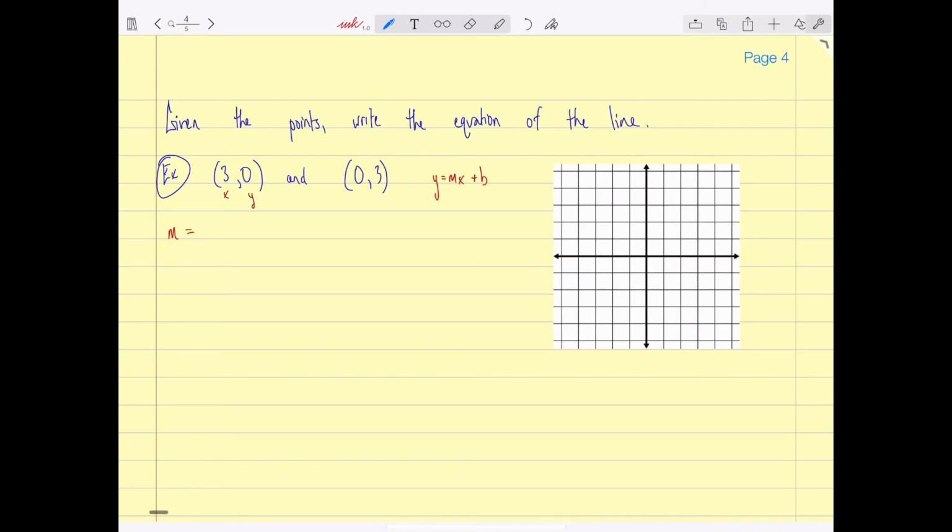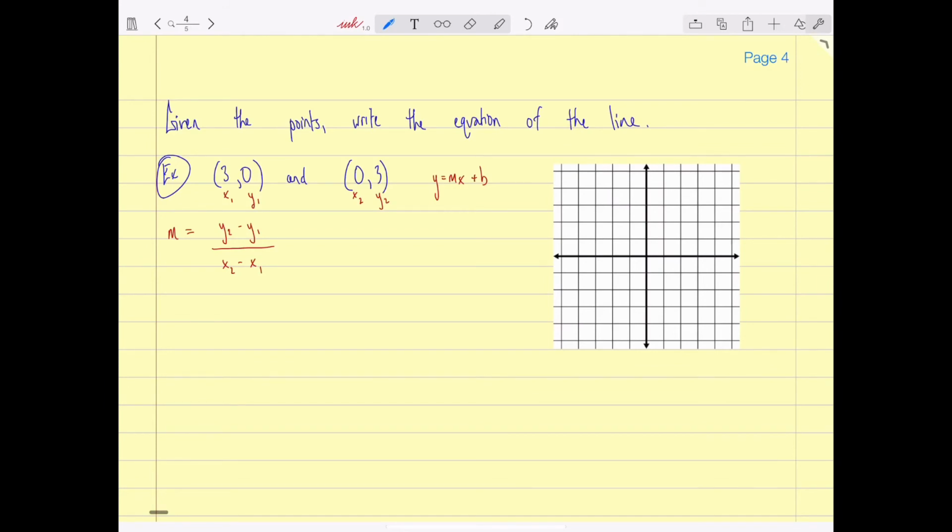And to differentiate those from 0, 3, I'm going to say this is x sub 1 and y sub 1, and I'll do that same thing here, except I'm going to use a 2. And all that is saying is they're different. So these two y's are different. So here's one way to look at that. y sub 2 minus y sub 1 divided by x sub 2 minus x sub 1.